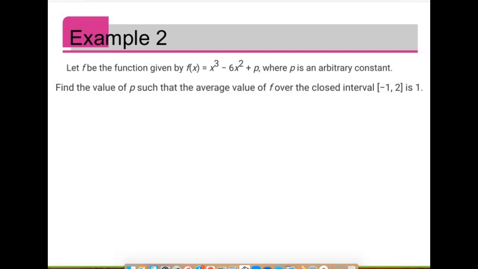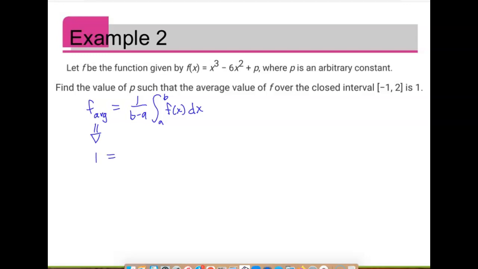Okay, well, we know the formula for f average is 1 over b minus a times the integral from a to b of the function, right? All right, so for us, what's the average value that we want in this case? It's 1, right? They tell us that we want the average value to be 1.